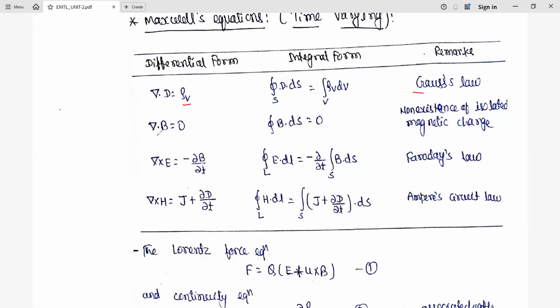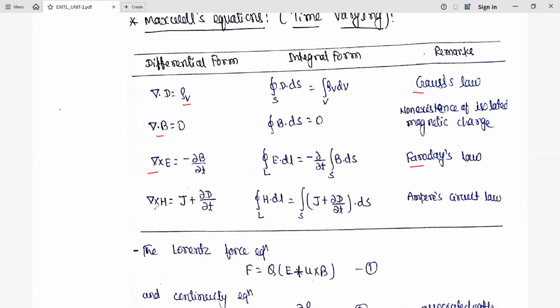And we have del dot B equal to 0 and the integral of B·dS equal to 0, so it shows the non-existence of isolated magnetic charge. And del cross E equal to minus ∂B/∂t, and in the integral form, the integral over the closed path of E·dl equal to minus ∂/∂t of the surface integral of B·dS. So this is coming from Faraday's law.